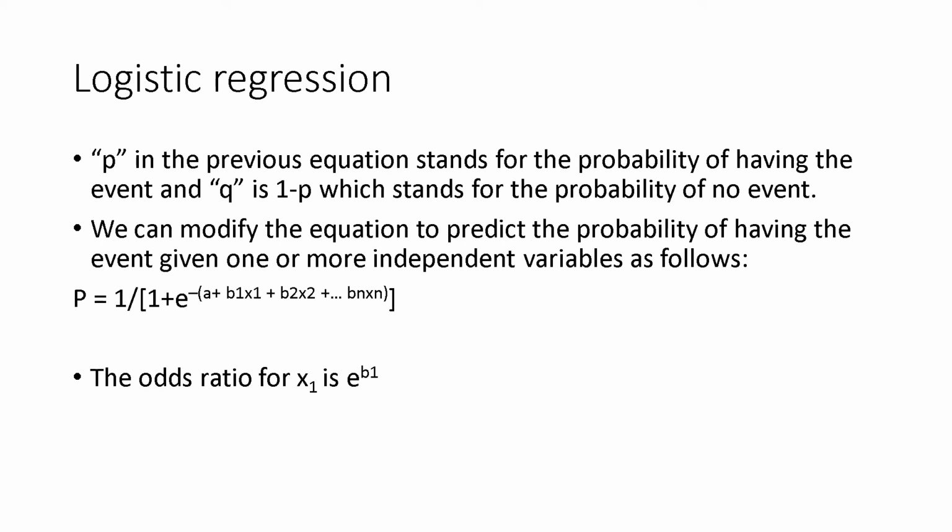The odds ratio for x1 is exponential beta 1 or anti-ln or anti-log beta 1, because beta 1 is the ln odds ratio. So if we want to know the odds ratio, we just take the antilog or the exponential.